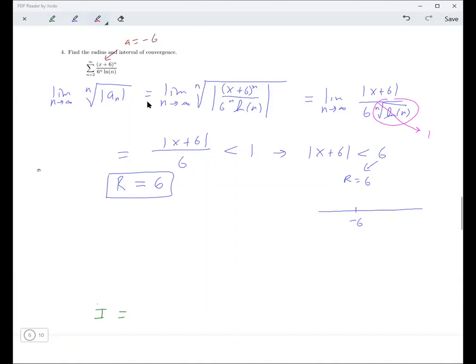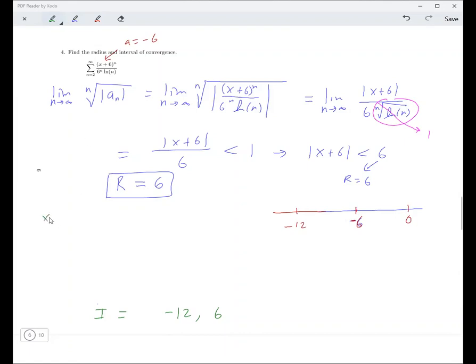A is -6, so that's your center. Your radius is 6. So you add 6 to this, you get 0. You subtract 6, you get -12. So your interval is going to go from -12 to 0. It's just a question of whether you include the -12 or not, and whether you include the 0 or not.